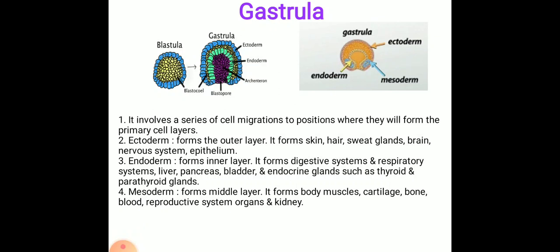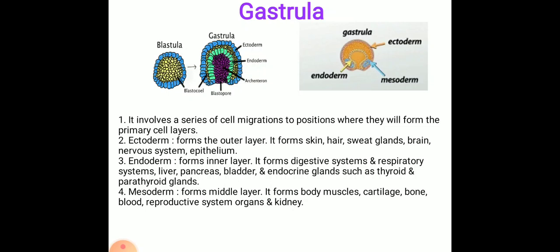Then comes the morula, a solid ball of cells, and next is the blastula. A blastocoel is present, filled with fluid. After the blastula there is another stage called the gastrula. Don't confuse the gastrula and blastula, or the blastocoel and gastrocoel.